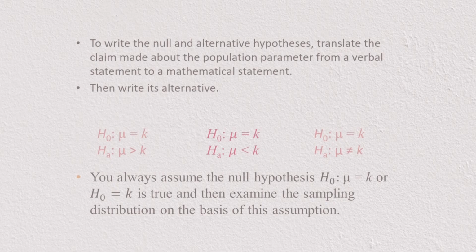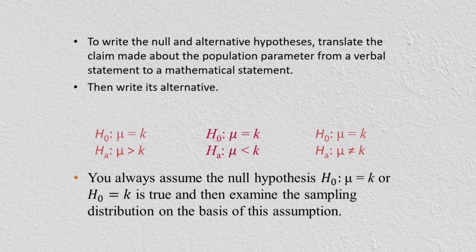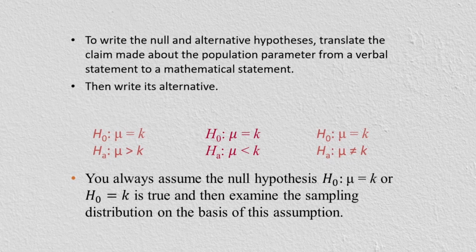So to write the null and alternative hypothesis, translate the claim made about the population parameter from a verbal statement to a mathematical statement, then write its alternative.